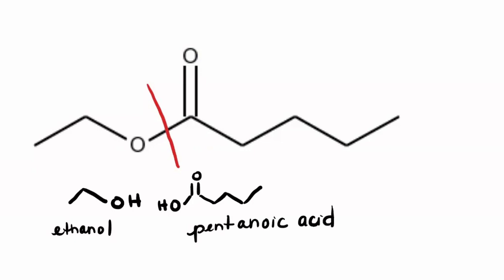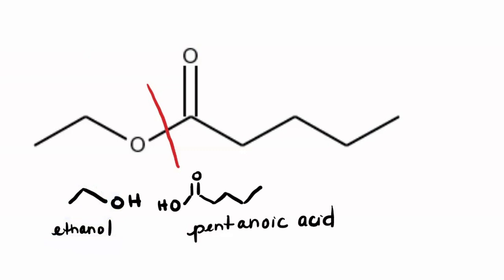Once I have determined the alcohol and the carboxylic acid that made my ester, the way that I name the ester is in the following way. The first word in my ester name is going to come from the alcohol. Specifically, what I'm going to write is the alkyl chain where the alcohol came from.